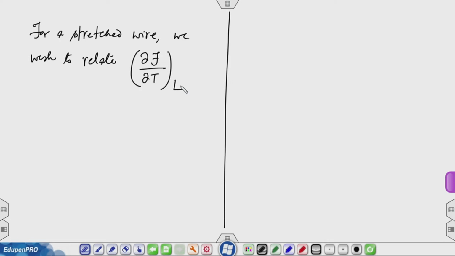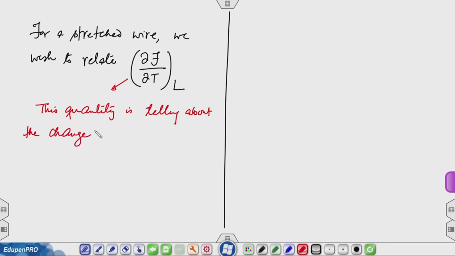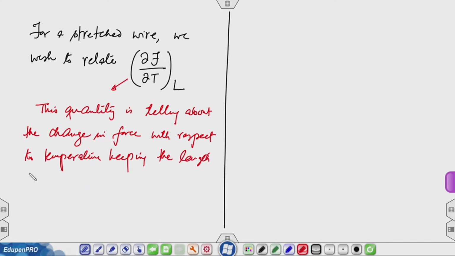So what this quantity means, this quantity is telling us about the change in force with respect to temperature, keeping the length the same.